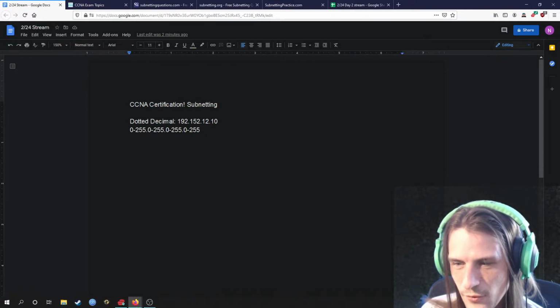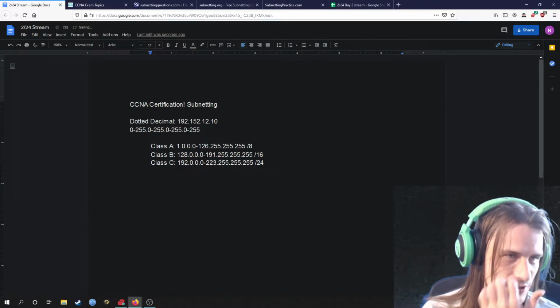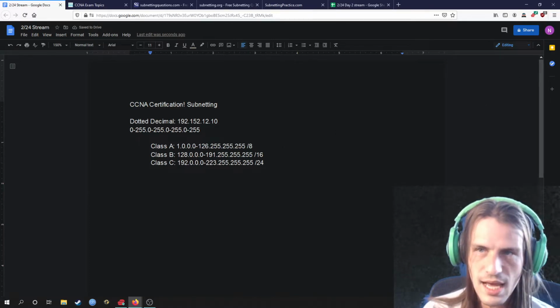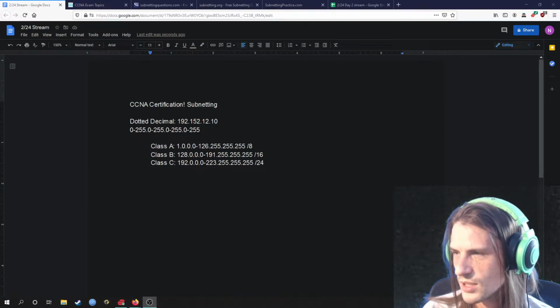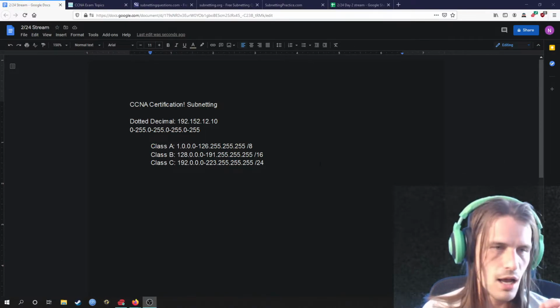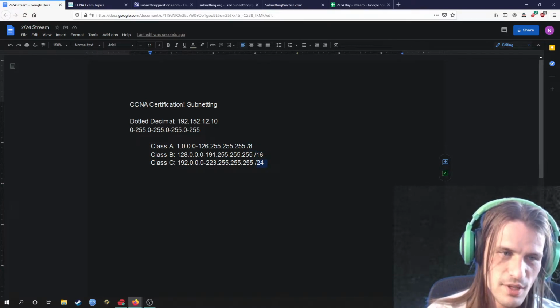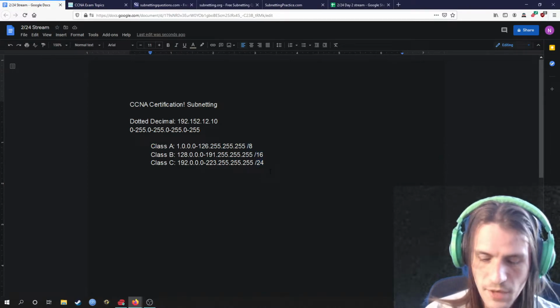Yesterday we talked about classes, right? We talked about class addresses. And after those classes, there is a slash, /8, /16, /24. So this actually denotes these classes' subnet.